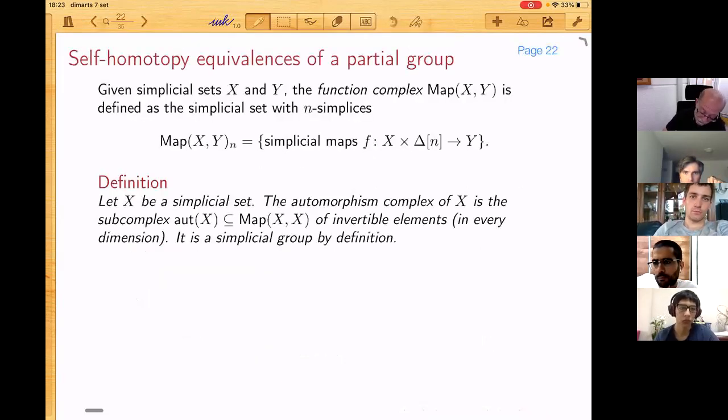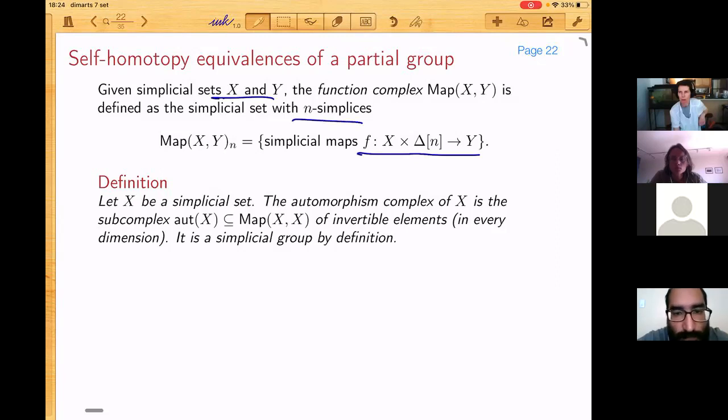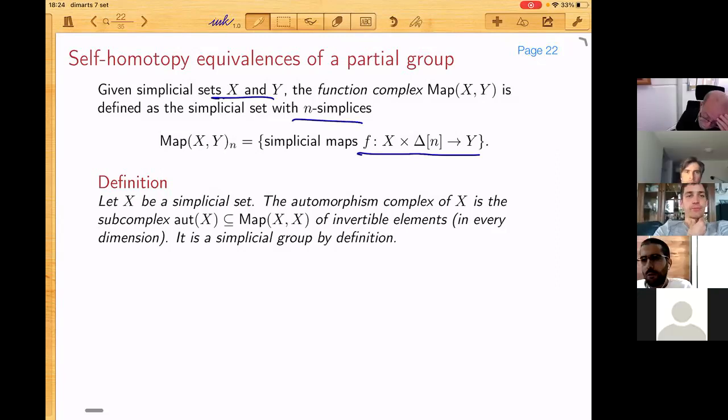Okay, so we get to the function complex of automorphisms of our partial group, which is what we need in order to classify, for instance, fiber bundles, which is our objective right now. So given simplicial sets, just reminding the definition, this function complex has as n-simplices the simplicial maps like this from X times the standard n-simplex to Y, right?